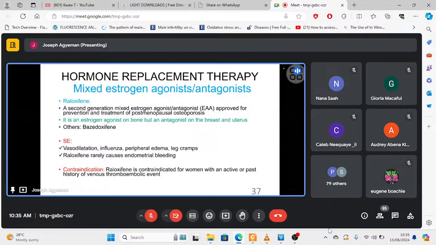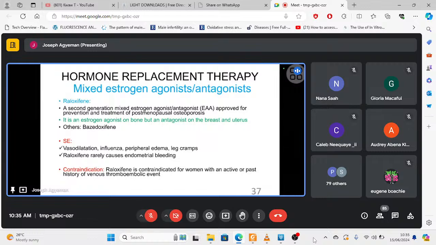So now let's look at some of the hormones. Hormone replacement therapy. So we have raloxifene and bazedoxifene. These are mixed estrogen agonists and antagonists at the same time, like raloxifene.